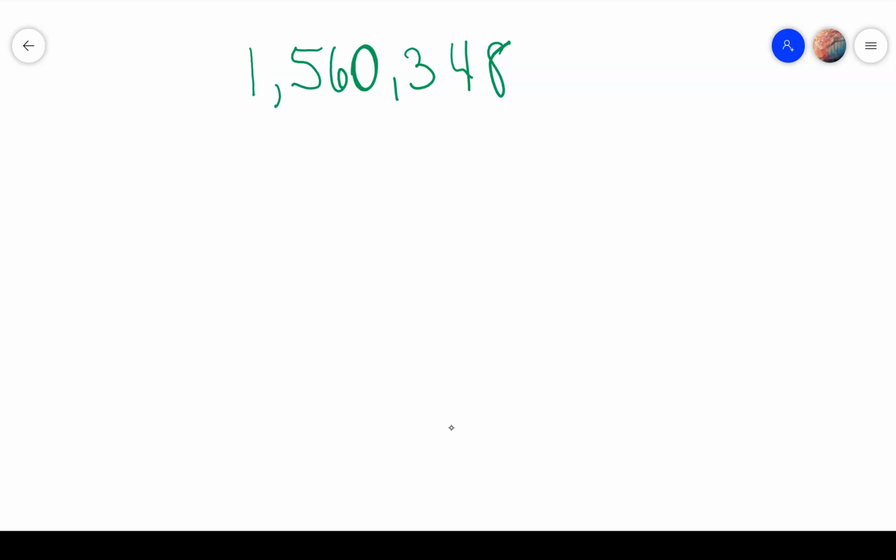Wouldn't it be easier if we could deal with a smaller number? Well, you can. All you got to do is move your decimal.